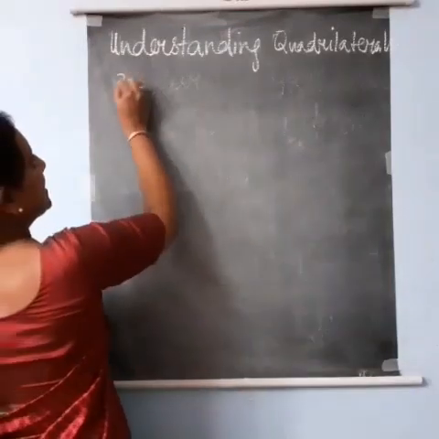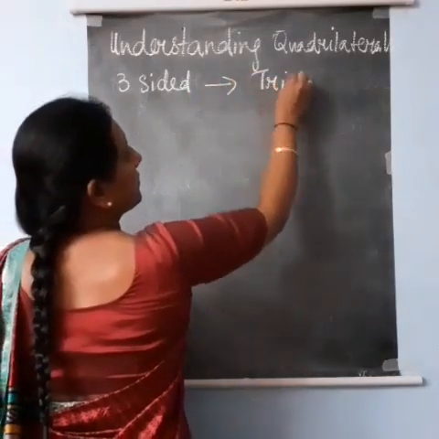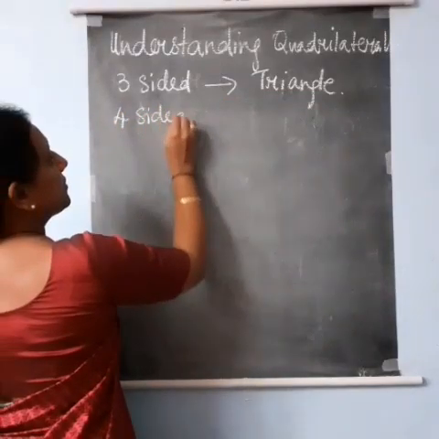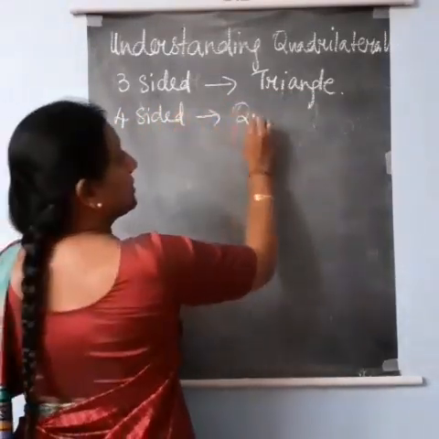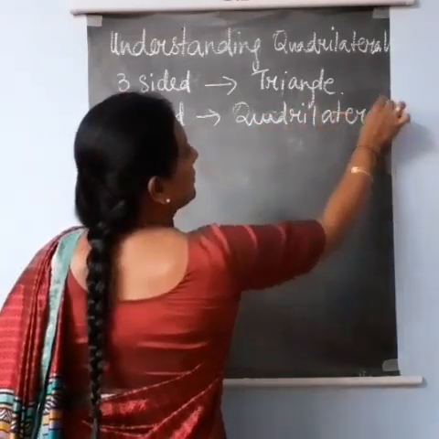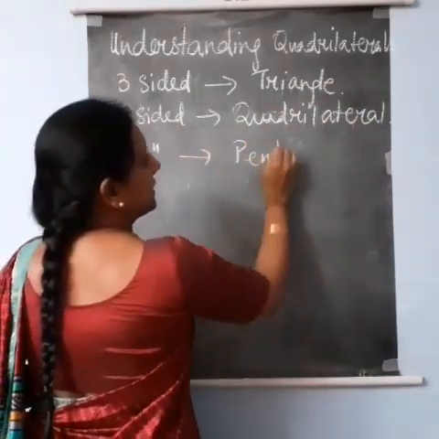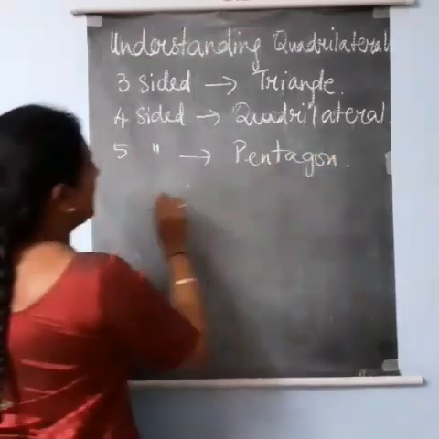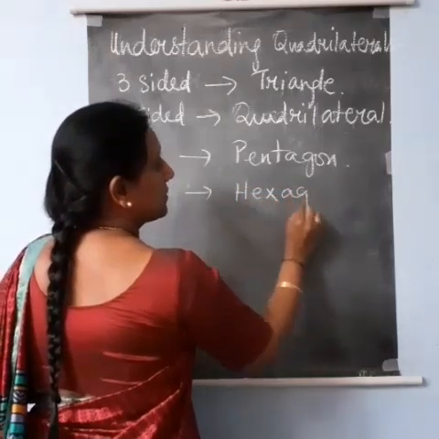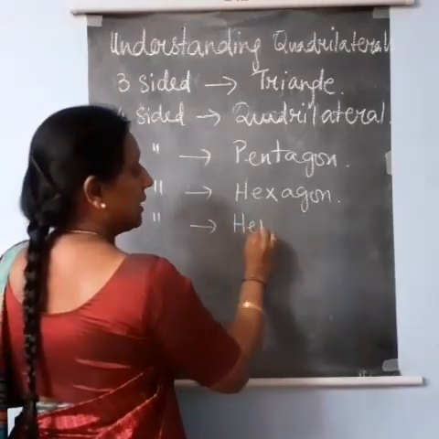So when it is 3-sided, it is called a triangle. When it is 4-sided, it is called a quadrilateral. Then when it is 5-sided, it is called a pentagon. When it is six-sided, it is called a hexagon. When it is seven-sided, it is called a heptagon.